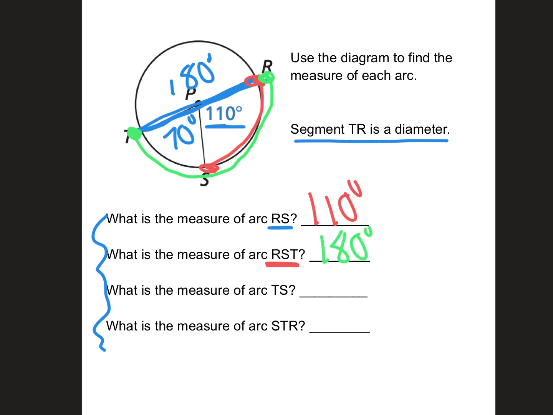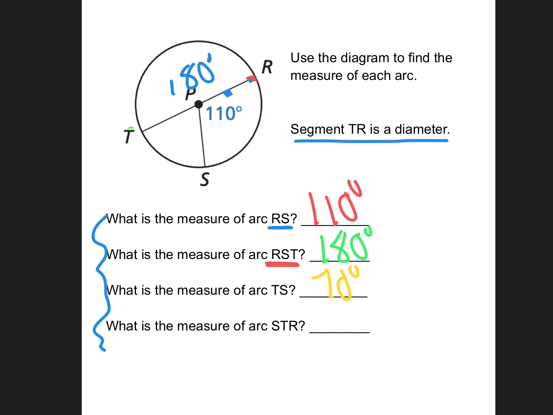The measure of arc TS, that's just this little guy from here to here. TS, we have it labeled already. I can just look at my diagram. That's 70 degrees. And the measure of arc STR, so maybe I need to erase a couple of these lines that I have in here that are a little bit confusing.